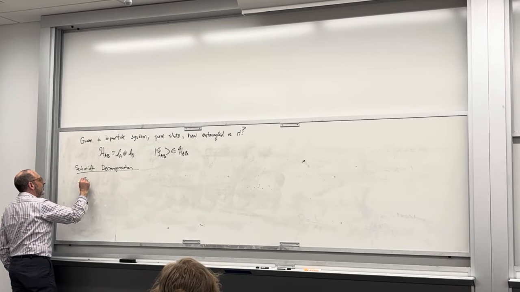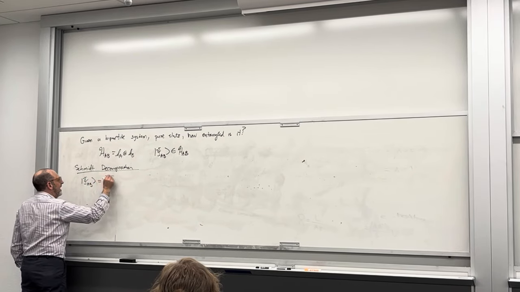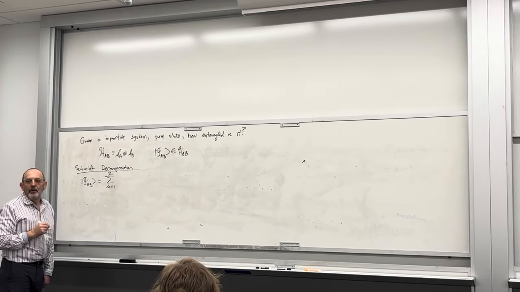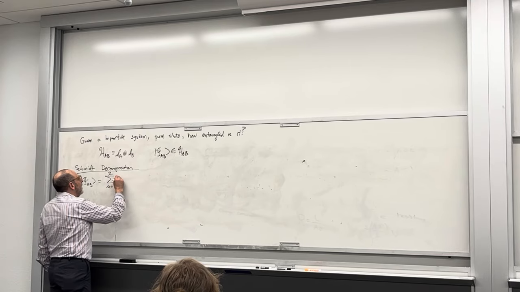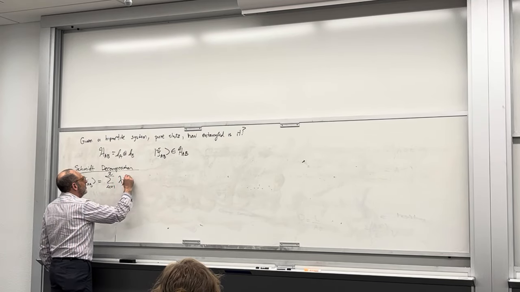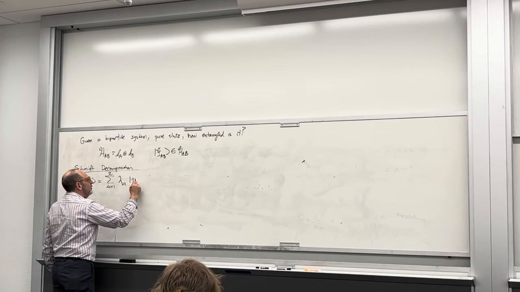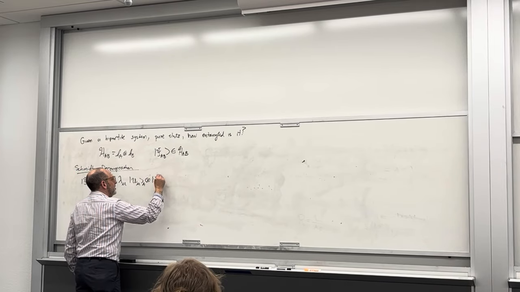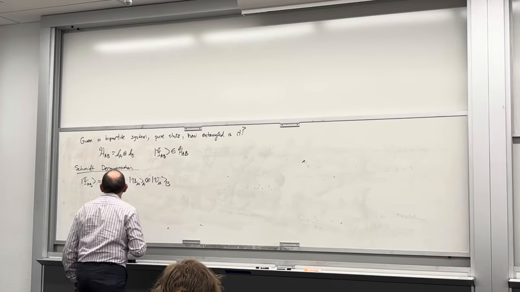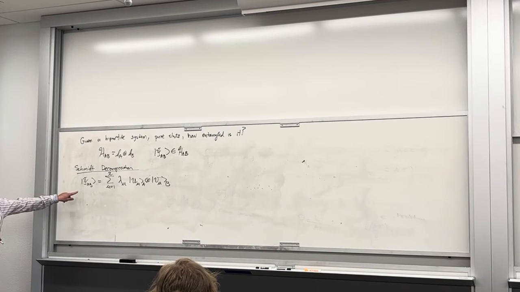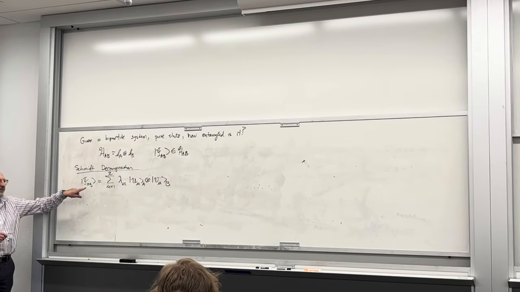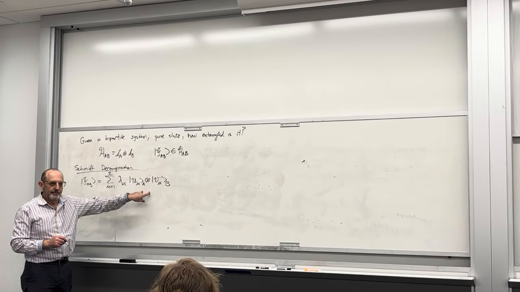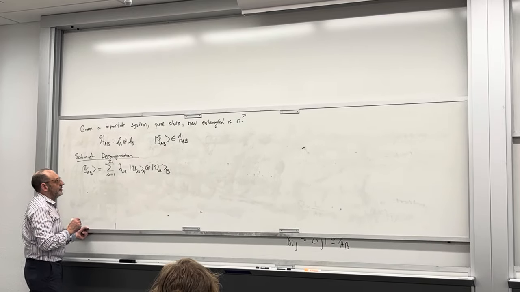This state can be written as a sum, mu equals 1 to some maximum number I'll call chi, lambda sub mu, u sub mu for subsystem A, tensor v sub mu for subsystem B. So this is a particular decomposition of the state into a tensor product of vectors where the following things are true.